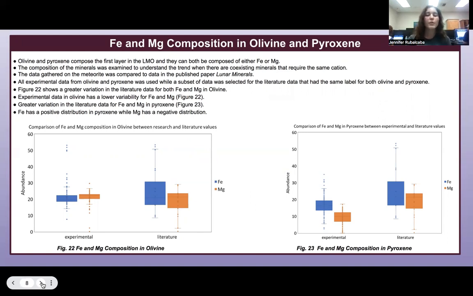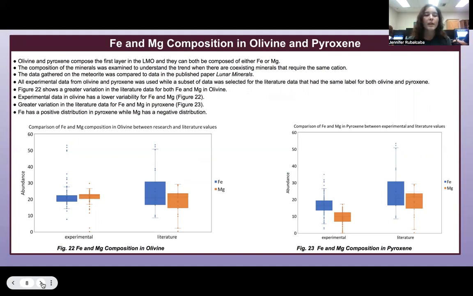Looking at the figures, we can see that the shade of blue is denoted for iron, and magnesium is denoted in orange. Figure 22 shows the comparison of iron and magnesium composition in olivine between the experimental and literature values.